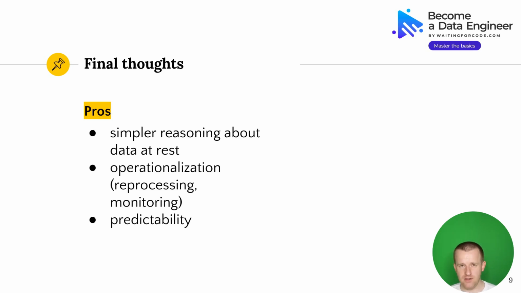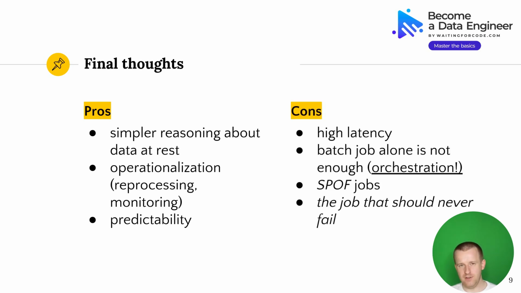It simplifies also the monitoring and alerting setup, and as a consequence is more predictable. On the other hand, of course, if you need data very quickly, it's not the ideal solution. As I said before, maybe reasoning about 30 minutes batch jobs is the best case you might have. Otherwise, it looks very similar to streaming or near real-time processing.